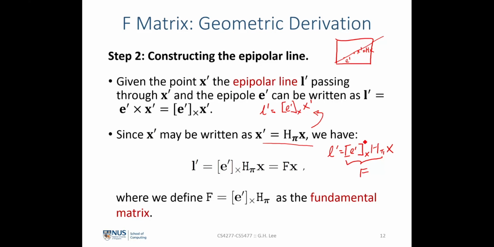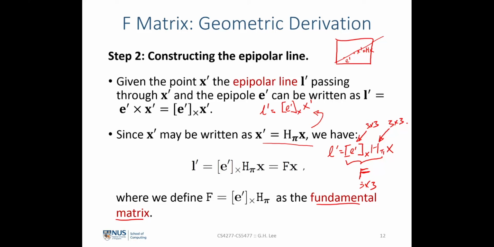So we have seen that this is actually a 3x3 matrix, and the homography, which is responsible for the projective transfer of the point from the first view to the second view, is also a 3x3 matrix. As a result, we get the linear mapping of x, the image point in the first image, to the epipolar line in the second view via a 3x3 matrix, which we call F. This particular 3x3 matrix that we denote as F, we are going to call the fundamental matrix.